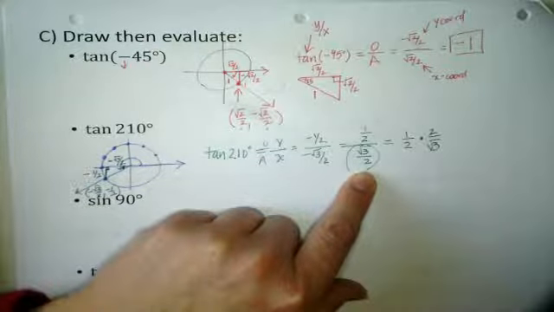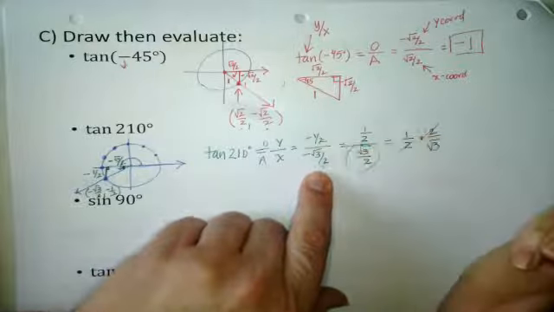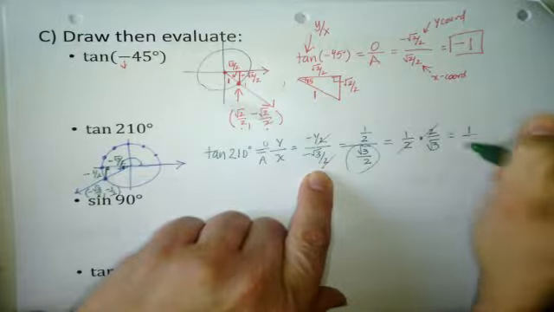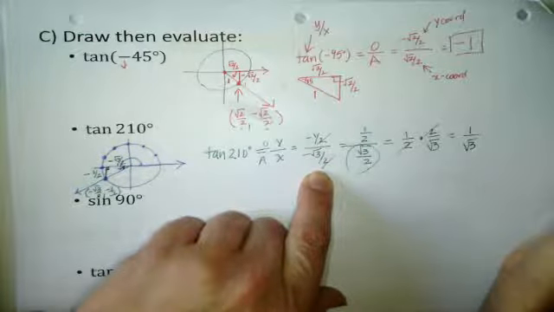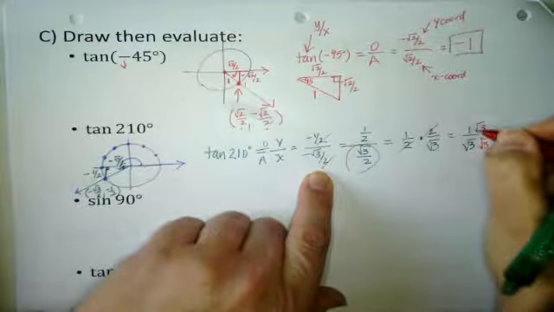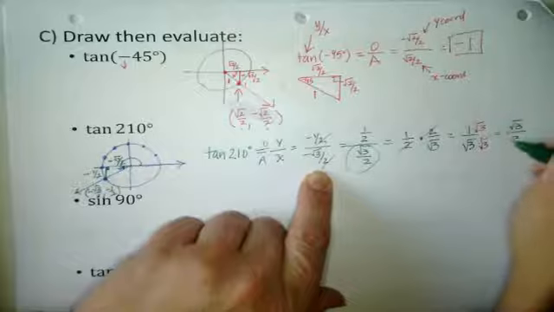What happens? Well, those 2's just cancel out. So there you go. When it's in fraction form like that, the denominators just end up canceling out. So we're left with 1 over radical 3. And then I can rationalize. So I'm going to multiply top and bottom by radical 3. And that's going to give me radical 3 over 3.